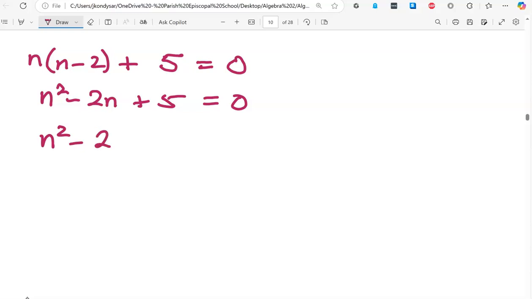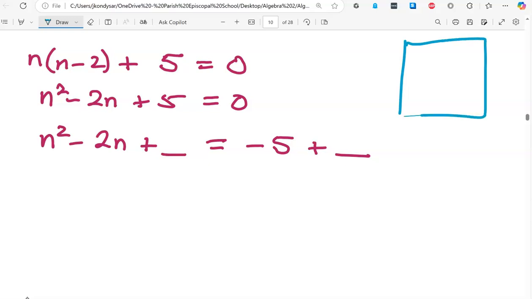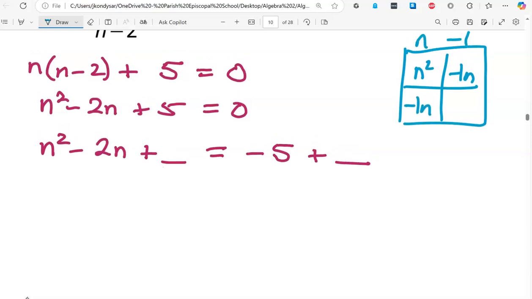So n squared minus 2n plus blank is equal to, move the constant to the other side, negative 5 plus blank. Let's draw our picture for complete the square. N squared, minus 1n, minus 1n, and that means our factors are n minus 1 and n minus 1, and we complete the square with a positive 1.